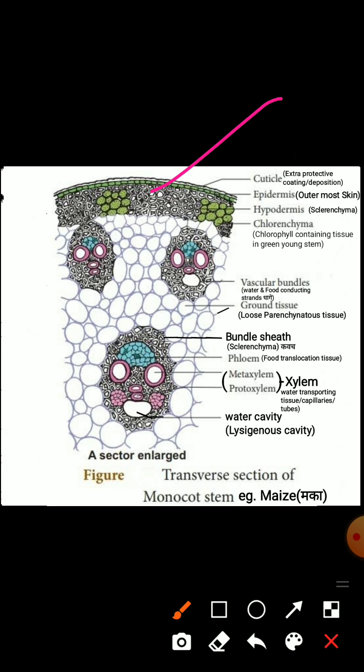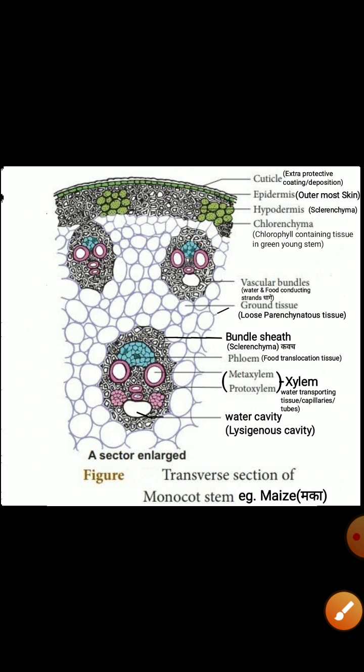This is hypodermis, and in this hypodermis, the chlorenchyma may be present when the stem is very young and green in color. So hypodermis is there. Below the hypodermis, there is a ground tissue, and randomly scattered in the ground tissue, there are oval vascular bundles.